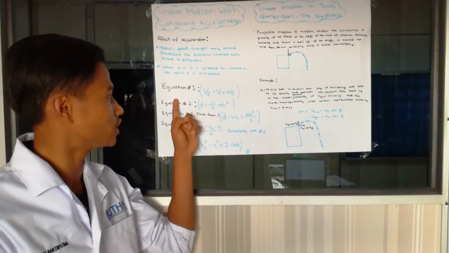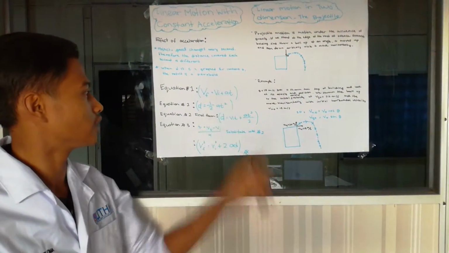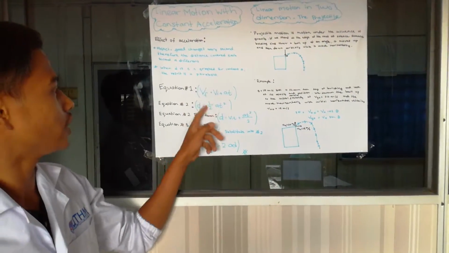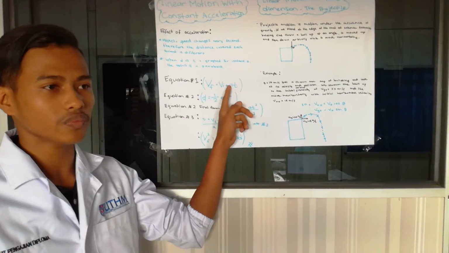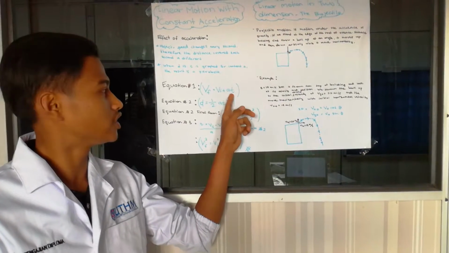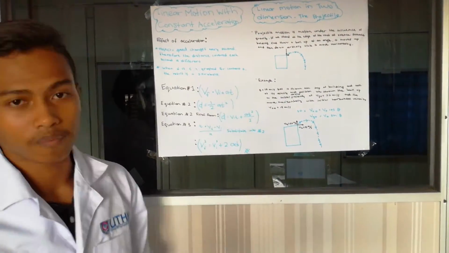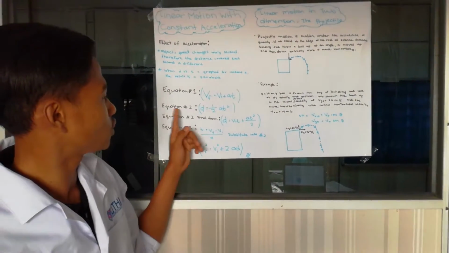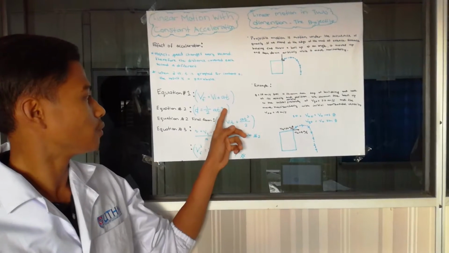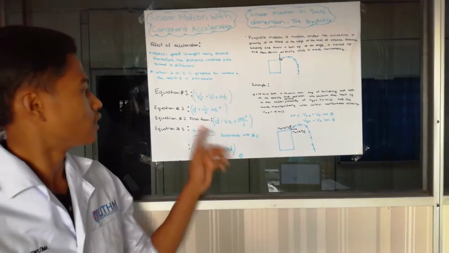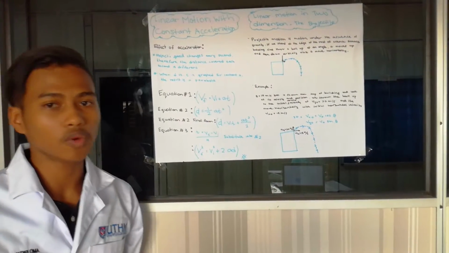For the first equation, Vf equal to Vi plus At. That means velocity final equal to velocity initial plus acceleration with time. For equation 2, d equal to 1/2 At to the power of 2, equal to 1/2 acceleration times time to the power of 2.